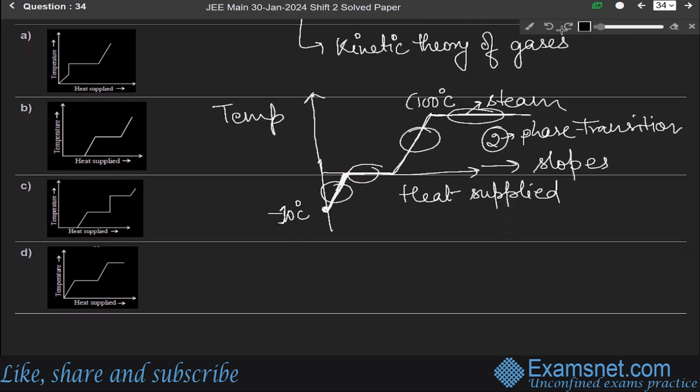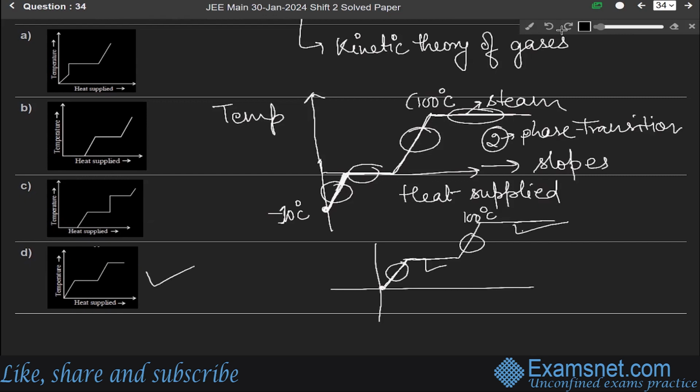We can also take it starting from the origin. At first when the temperature rises, it is like this, then it starts melting, then again the temperature rises, goes to 100 degrees Celsius, then it starts converting into steam. So this and this are the changes in phase, and these are the slopes. So option D is the correct answer.